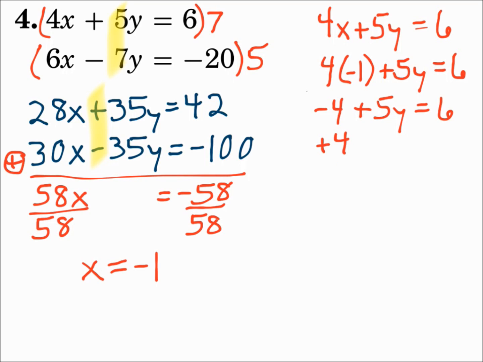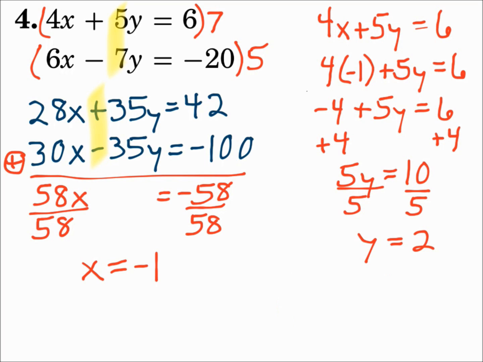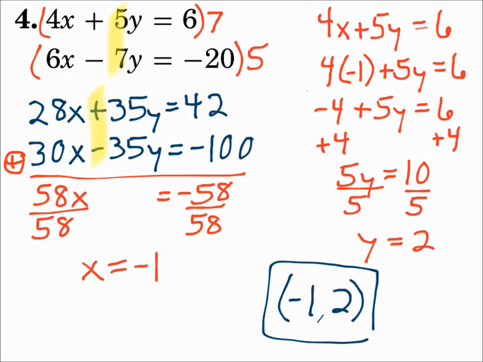Then add 4 to each side. And divide both sides by 5. Y is 2. Now write your final answer as an ordered pair, x comma y, -1 comma 2.